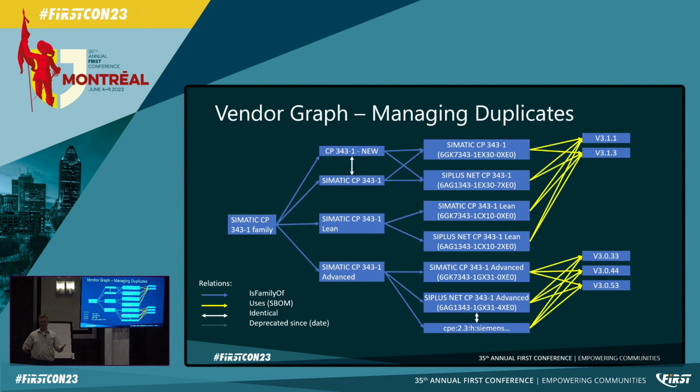Your marketing says, that name is old. Maybe we got bad press. So let's invent a new name for the same product. Yeah, you can do that. Make a new name and mark it as identical to the old one. So even people who still know it under the old name will find in your product graph that this is this new name.